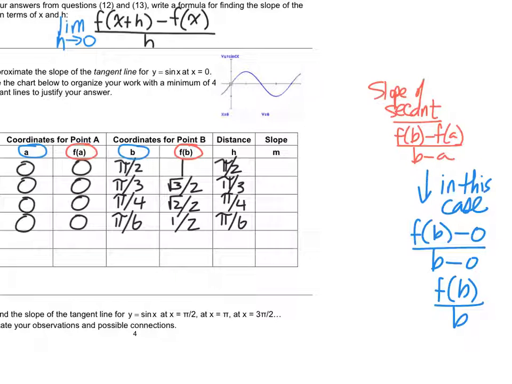And for that, you want to go to the calculator, because decimals are actually going to work in your favor here. You could get clean-ish answers in fraction form. The problem with those clean-ish answers in fraction form is that they don't tell you much about the size, right? The decimals will. So basically my f of b column divided by my b column.